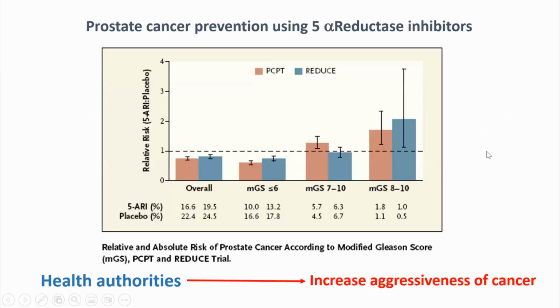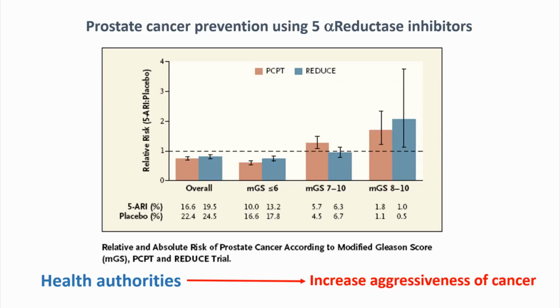The third situation is the use of a drug, 5-alpha reductase inhibitors. These drugs are used to reduce the volume of the prostate in benign prostate hyperplasia. And they have been suggested to be prevention for prostate cancer because they decrease the level of androgen.